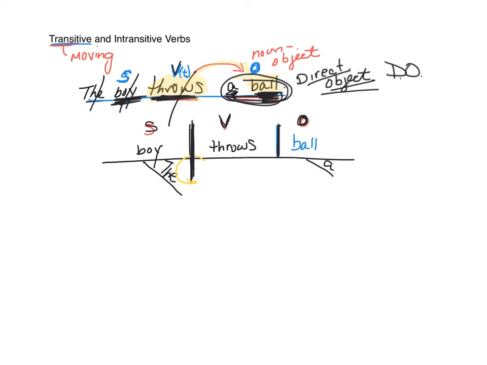So, what in the world is an intransitive verb? Well, if a transitive verb is moving, then an intransitive verb, the root word in, means not moving. And what this means is the action of the verb is complete all by itself.